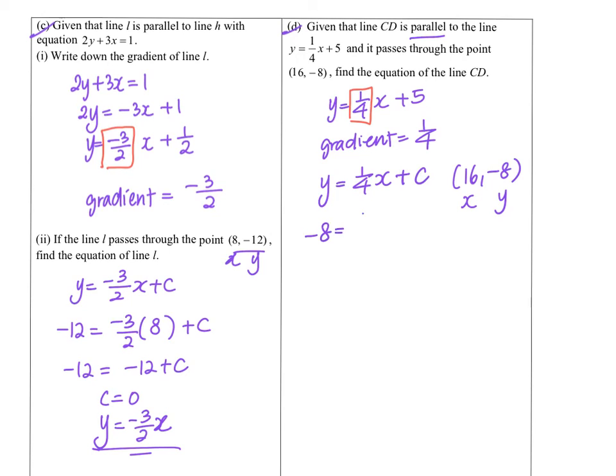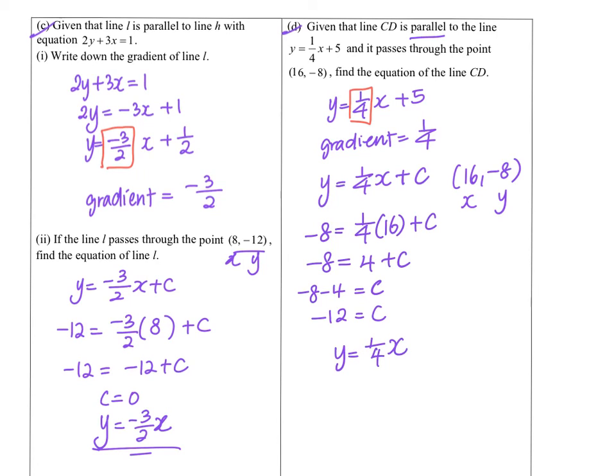So negative 8 equals 1/4 times 16 plus c. So negative 8 equals 4 plus c. c will be equal to negative 12. Now how do I write the equation? I will have y equals 1/4 x, and the c now is minus 12.